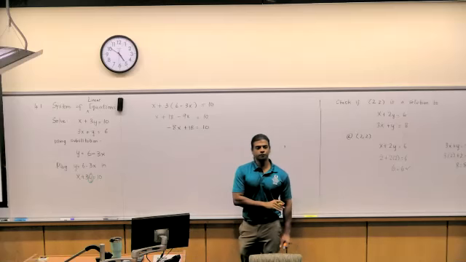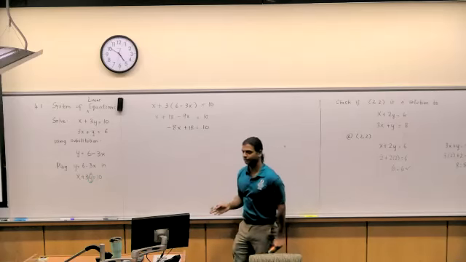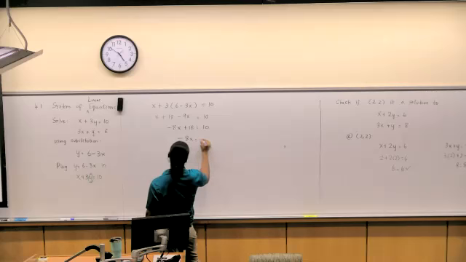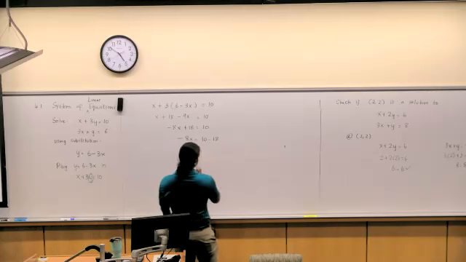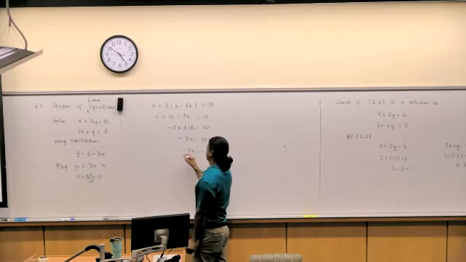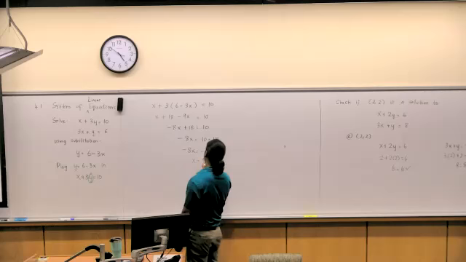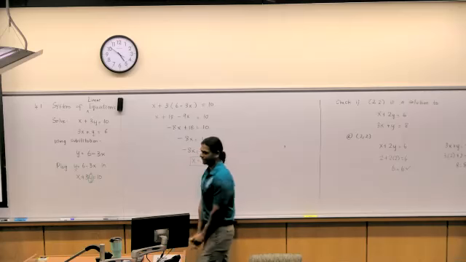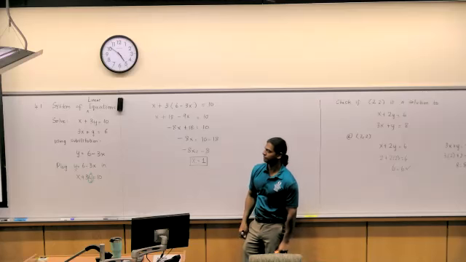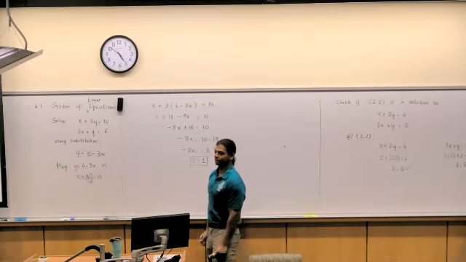I want to solve for x, so what should I do next? Subtract 18. What is 10 minus 18? Negative 8. Divide by negative 8 on both sides. I get x to be 1. Good.